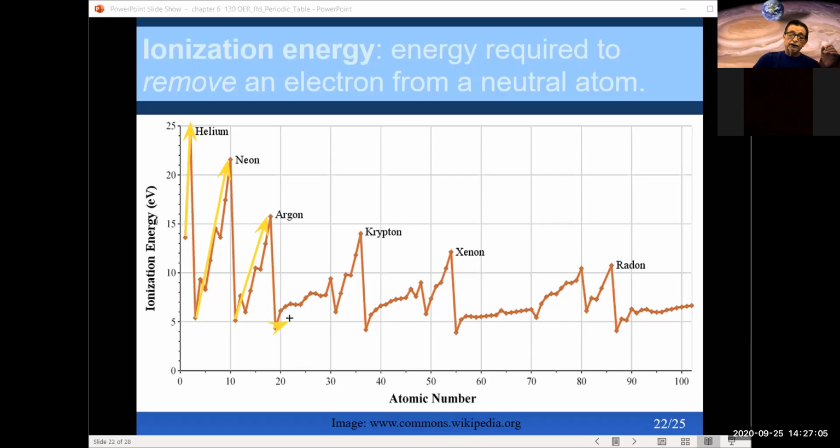The general trend, again, is that it starts to decrease as we get bigger and bigger in size. You notice the slope of our arrow gets much, much less as we go to bigger elements, because the elements are getting bigger and the effect is not as strong or as drastic as with the smaller elements. But the general trend is still there: as we go left to right, the ionization energy increases.